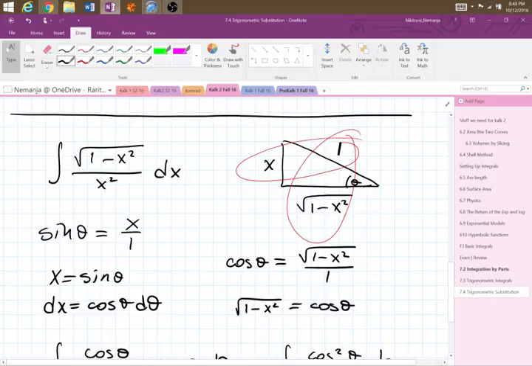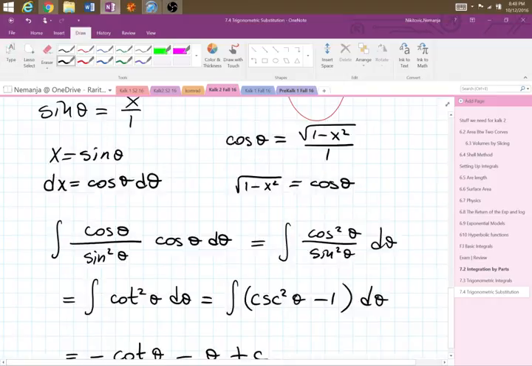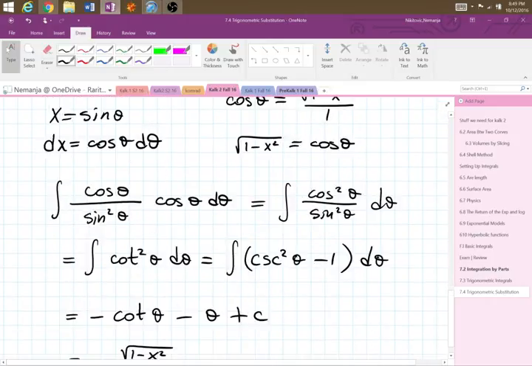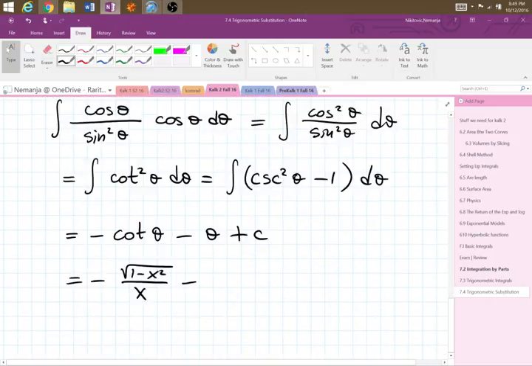Adjacent over opposite, so square root over x. Negative square root of 1 minus x squared over x, minus, for theta, you can do the inverse for either one of these, so inverse sine of x. And you have your plus c.